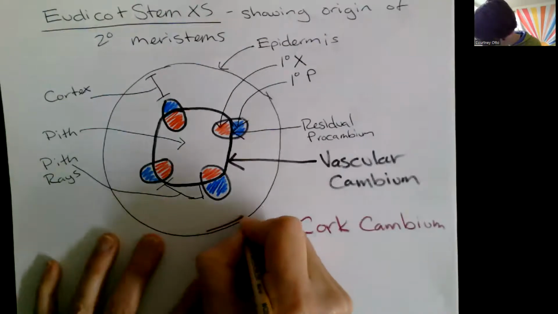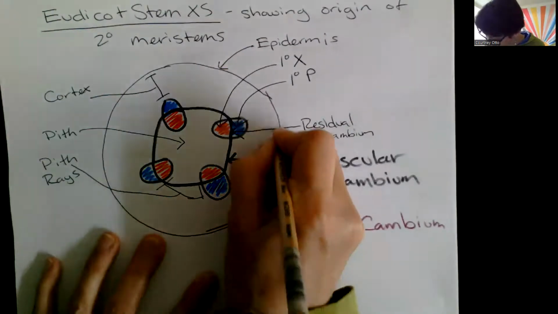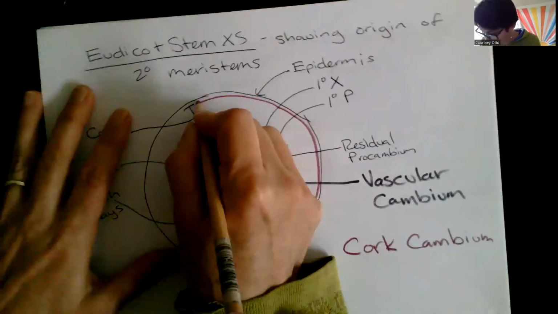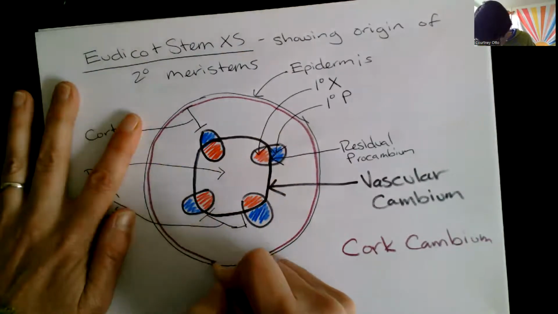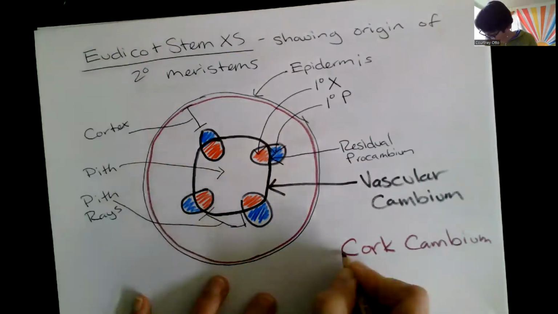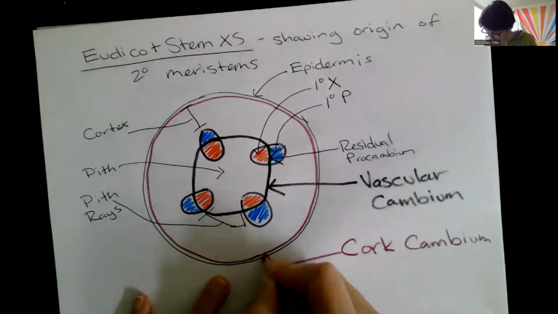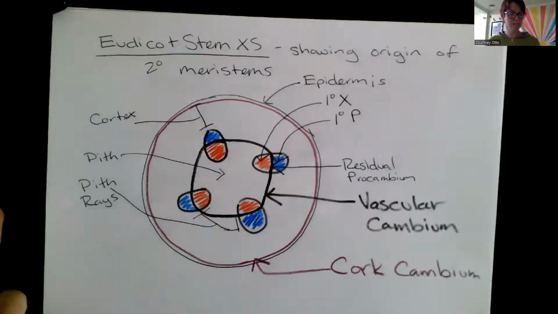I'm just going to draw a little circle all the way around, getting as close to the epidermis as I can. That's that cork cambium. That's where those cells are going to dedifferentiate, become meristematic, and form this meristematic ring, just like the cells in the pith rays did.